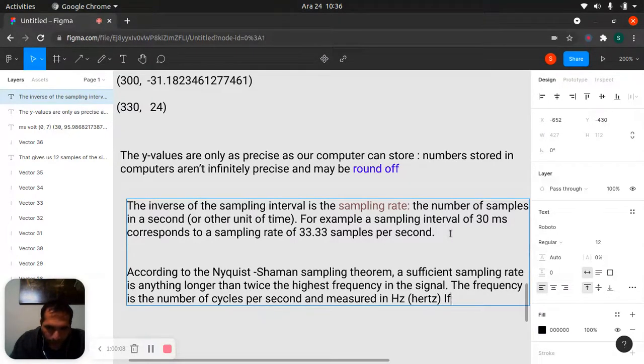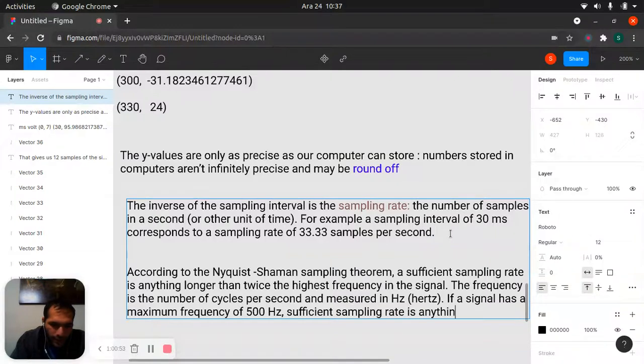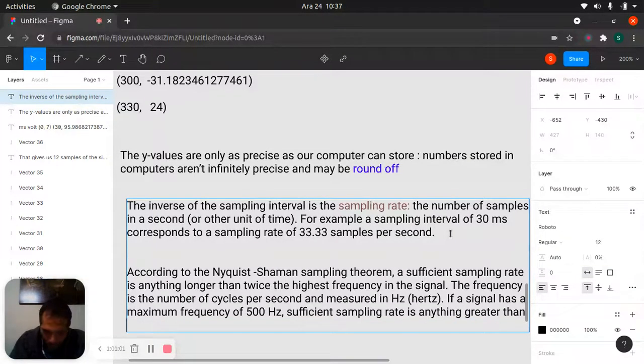If a signal has a maximum frequency of 500 hertz, a sufficient sampling rate is anything greater than that.